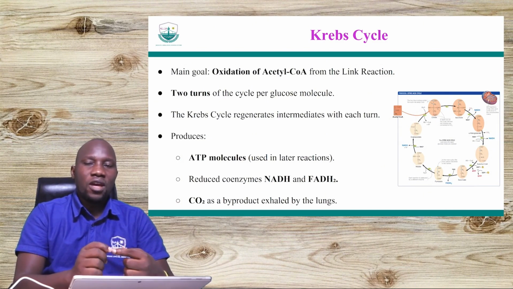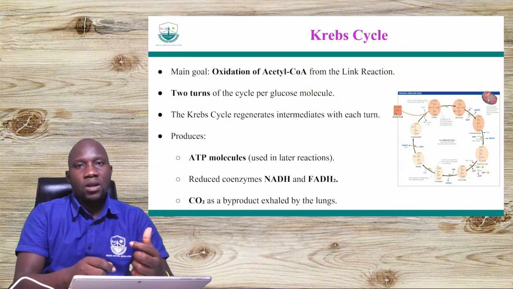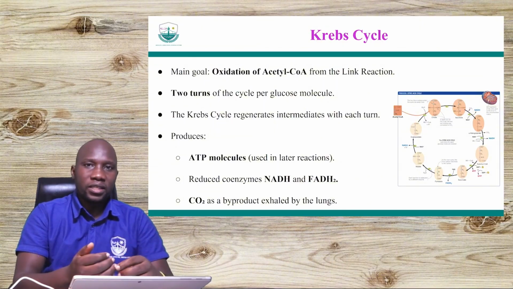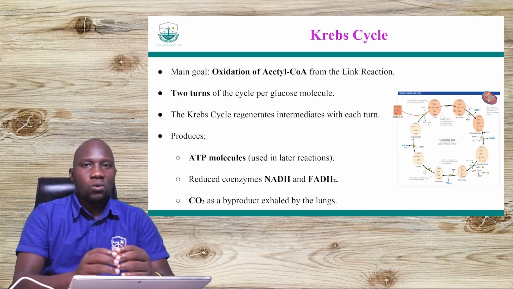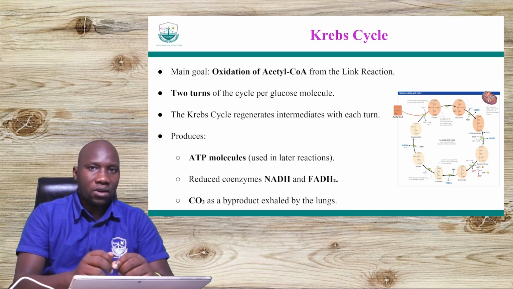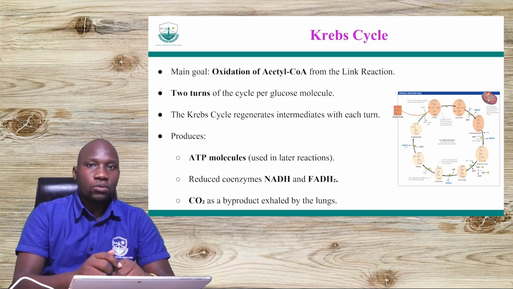One pyruvate molecule gives you one acetyl-CoA, and that acetyl-CoA is the one that enters the Krebs cycle. So for every one molecule of glucose, we are going to have Krebs cycle running two times.